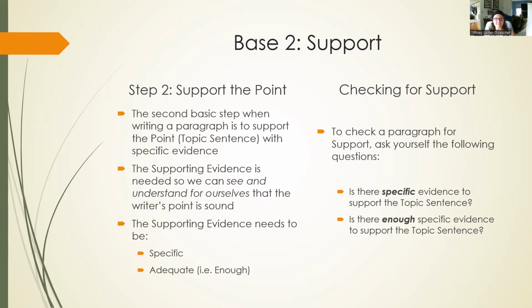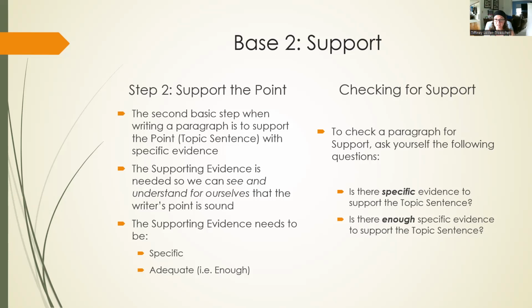That supporting evidence is needed so that the reader can see and understand for themselves that your main point is sound, that you have shared an idea and developed it in a way that makes sense and is true. Your supporting evidence needs to be specific.